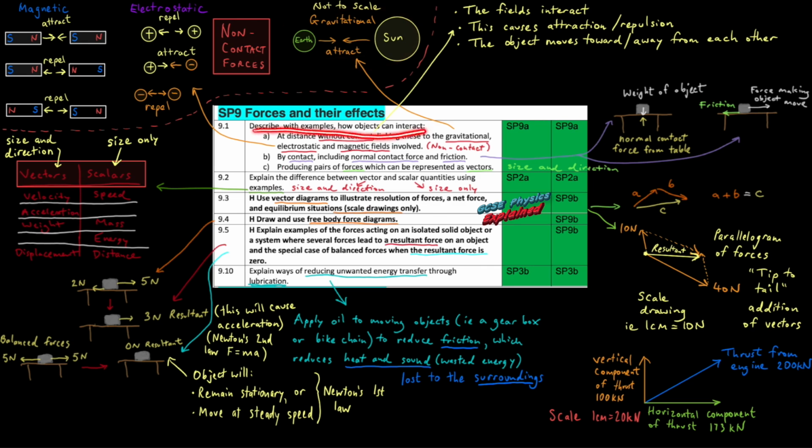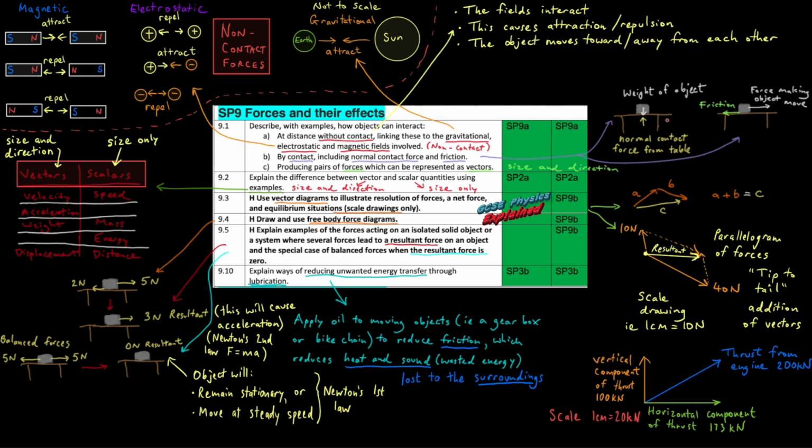Describe with examples how objects can interact by contact, including normal contact force and friction. So as well as having a non-contact force, we can obviously have a contact force. So normal contact force is the force pushing upwards as a reaction to perhaps weight pushing downwards, which ties in with Newton's third law.